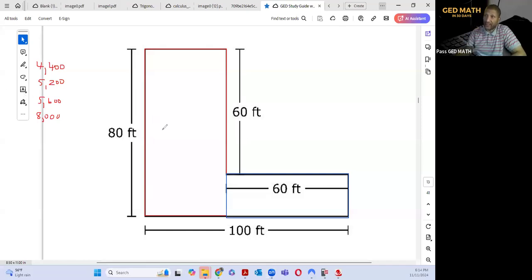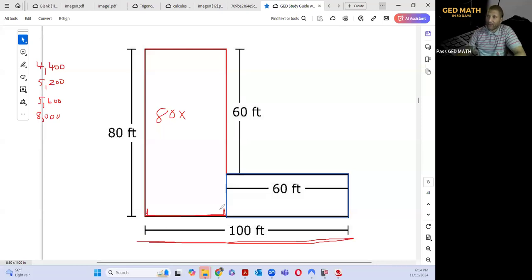So let's find the area of the first rectangle, the red. We know the length is 80, and we have to multiply that by the width, which is here. We don't know that, but we do know from here to here is 100.